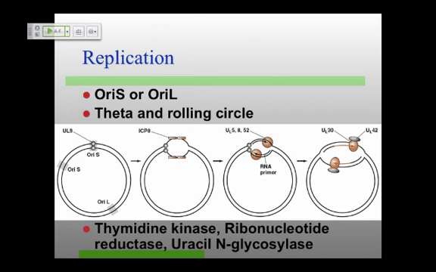Later on in replication, this shifts over to doing rolling circle replication. Rolling circle replication is where you have your double-stranded piece here, and hopefully George talked about this a little bit with RDHV. You have a nick in one of these strands. That then serves as the primer for the cellular polymerase. It just goes around and around and around and generates a single strand.